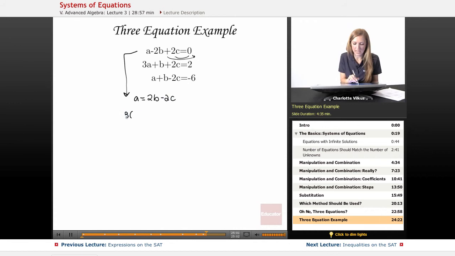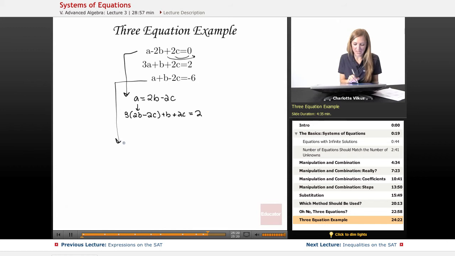Then taking that, we can plug into the other two equations. So we take 3a, and then we put in our value for a. So 3 times 2b minus 2c plus b plus 2c is equal to 2. And then we can also do that for our second equation.